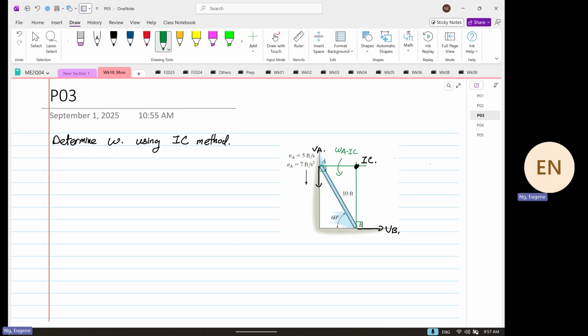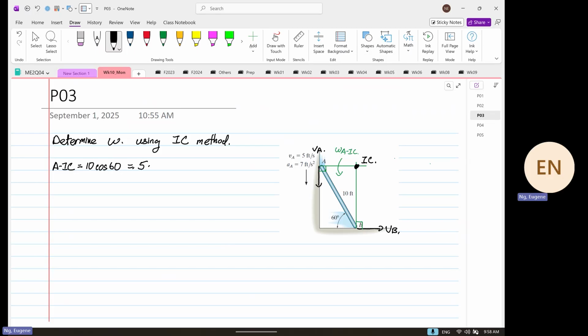We know that AIC is equal to 10 cos 60, so AIC is equal to 5.